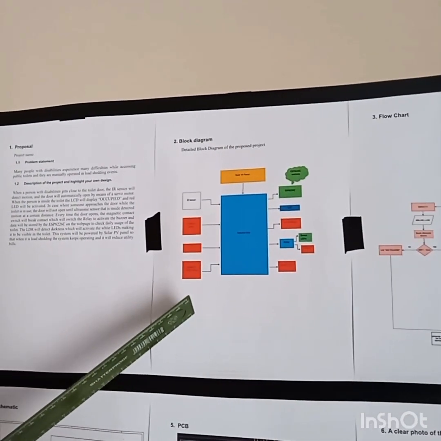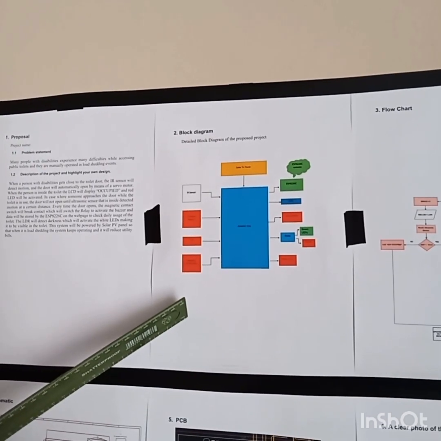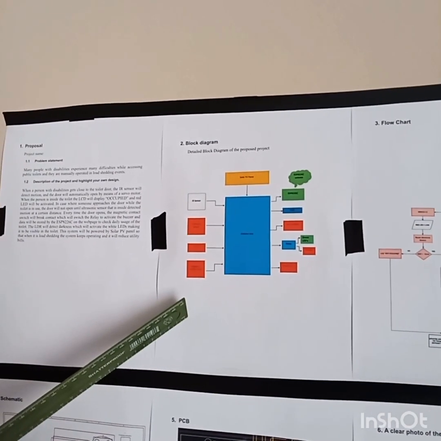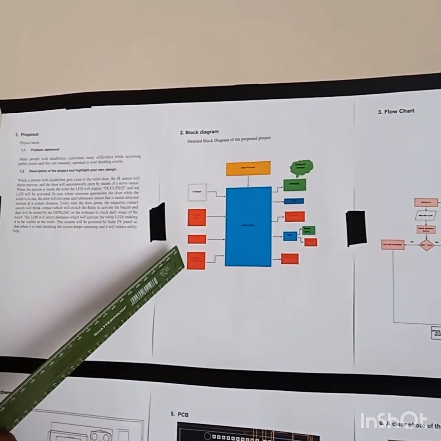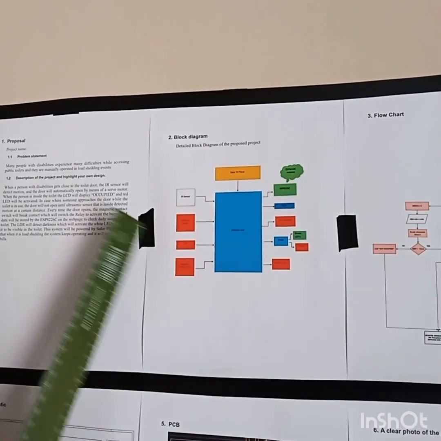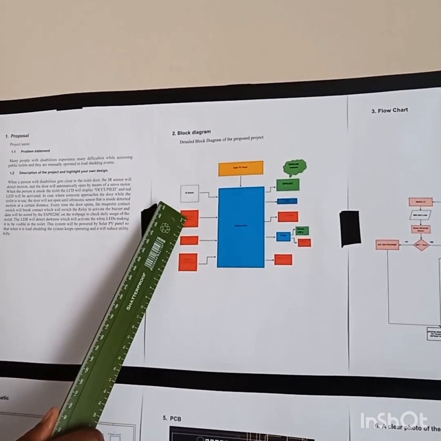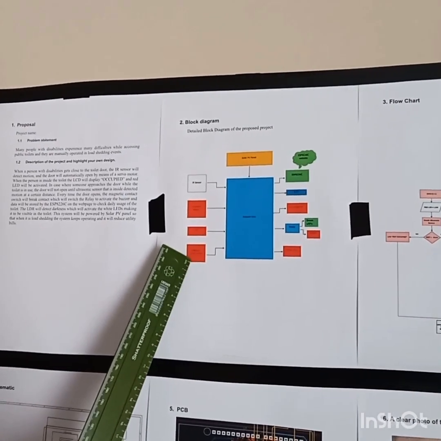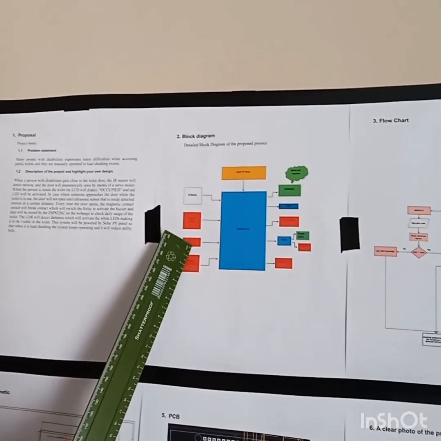This block diagram, on the left side, I have sensors: an IR sensor, an ultrasonic sensor, a magnetic contact switch, and also an LDR.